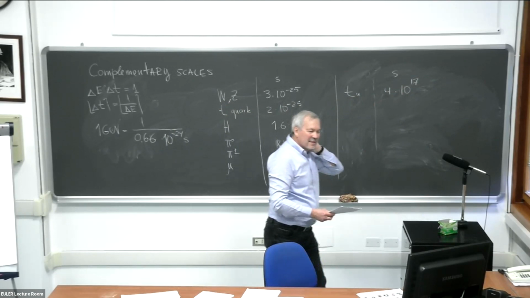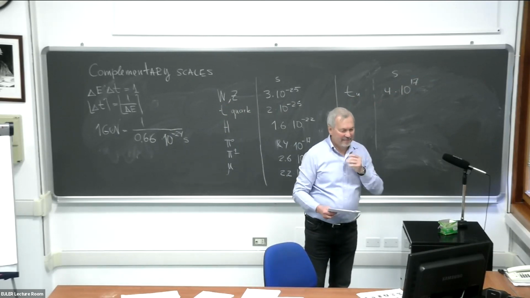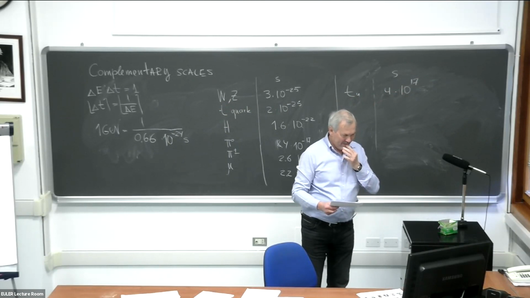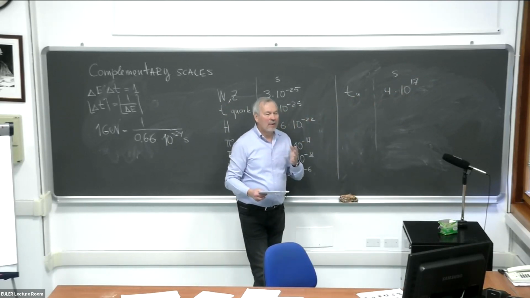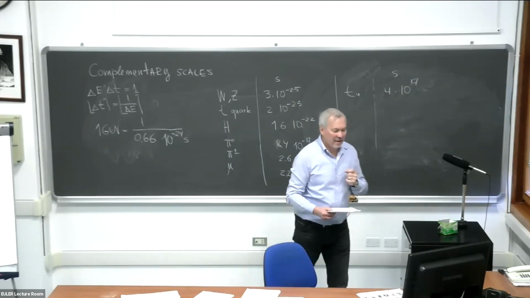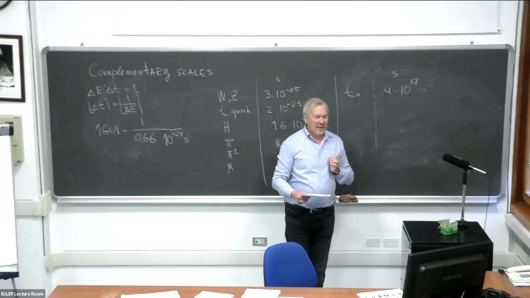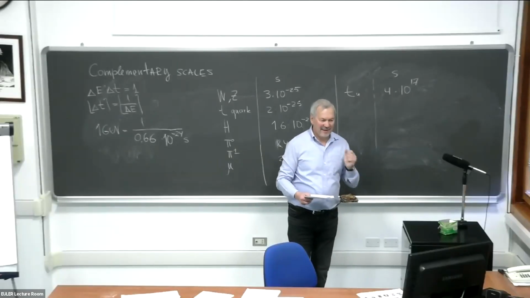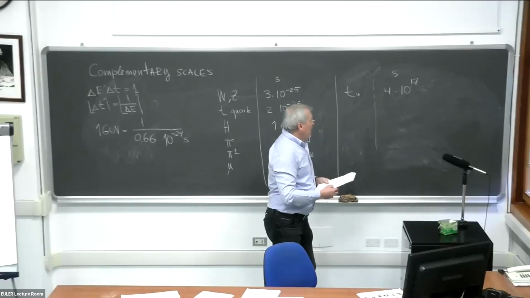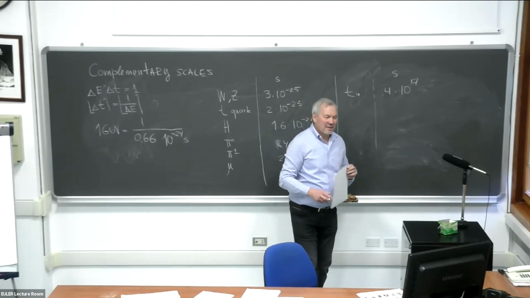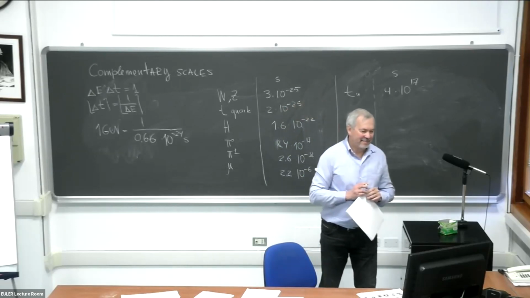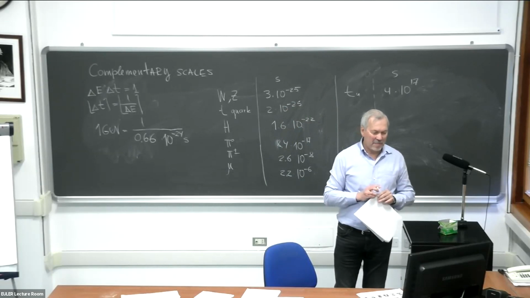Now, what is the lifetime of the electron? How long does an electron live before decay? It's a stable particle. Well, as physicists, we can only claim that it lives longer than something, right? So, any guess what is the lower bound on the lifetime of the electron?